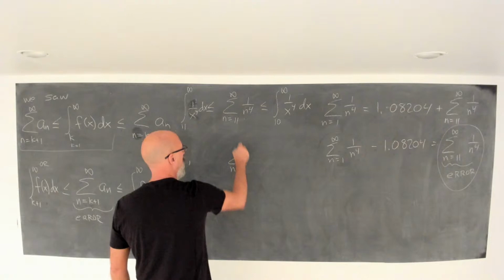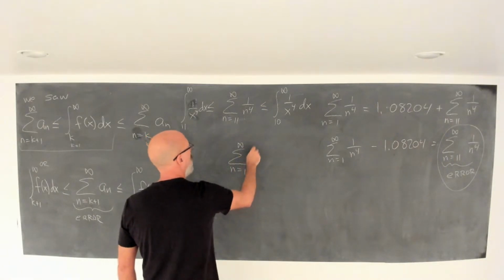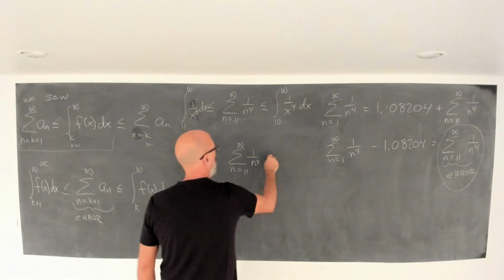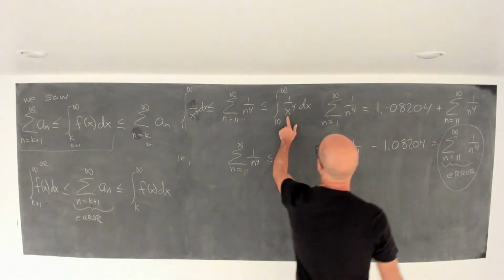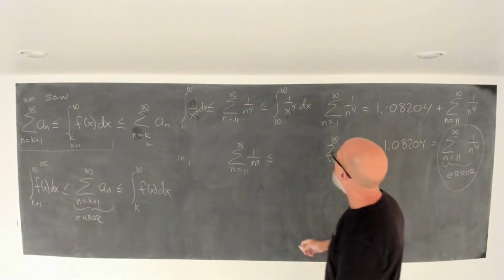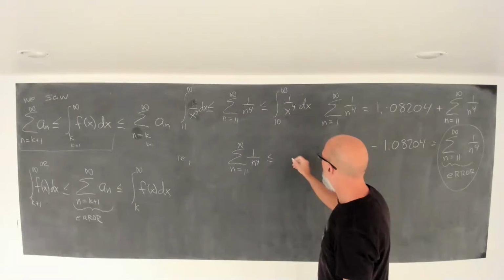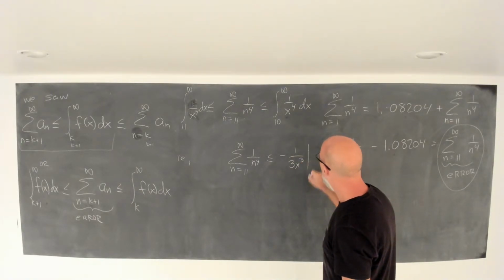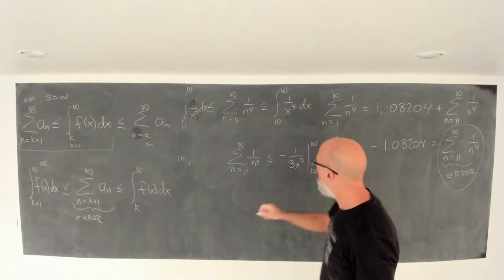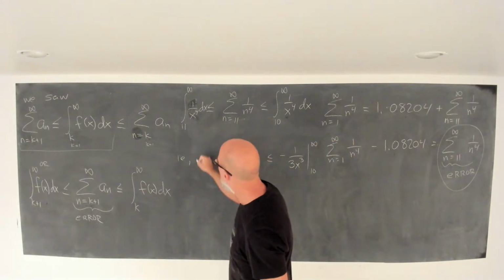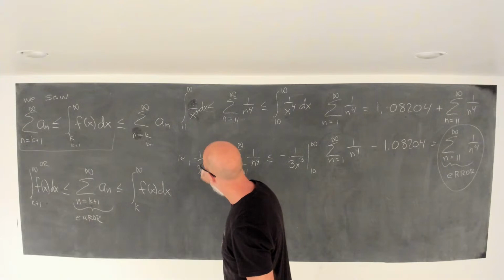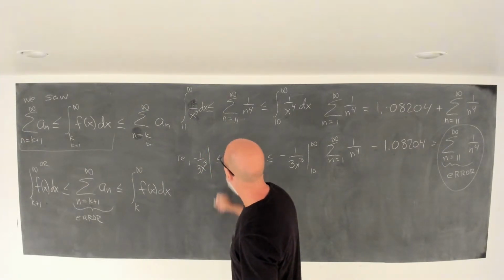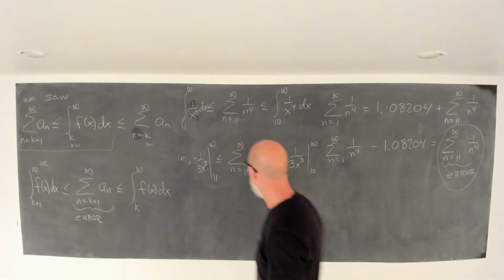So can we integrate these in our heads? This is going to be negative 1 over 3x cubed from 10 to infinity. And this is negative 1 over 3x cubed from 11 to infinity.